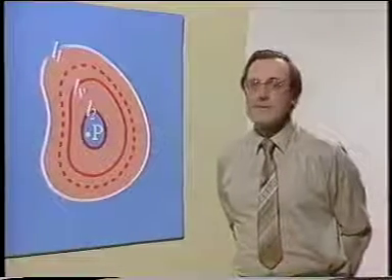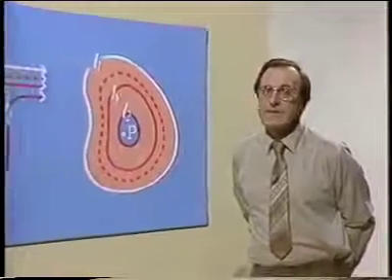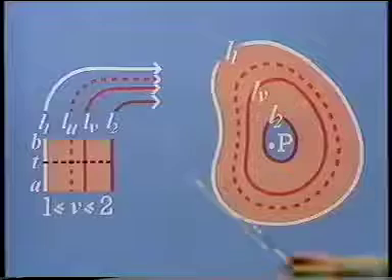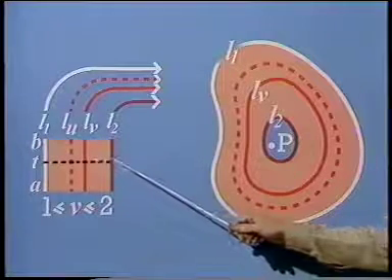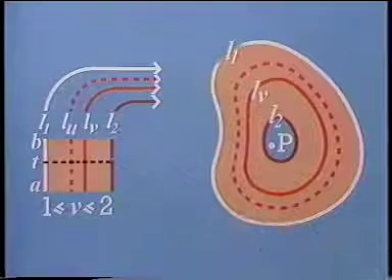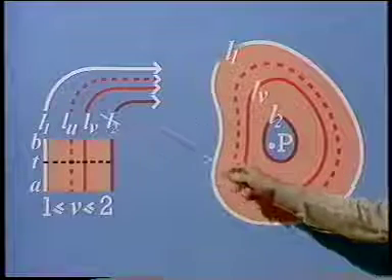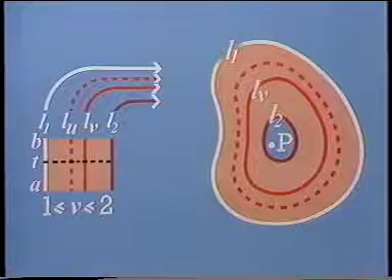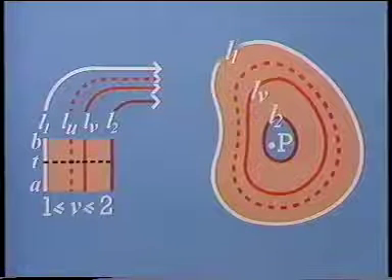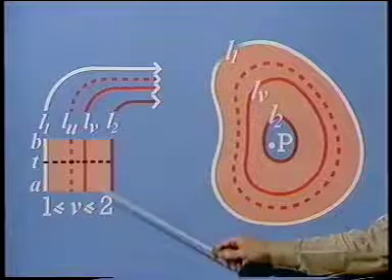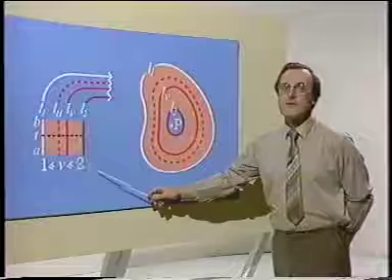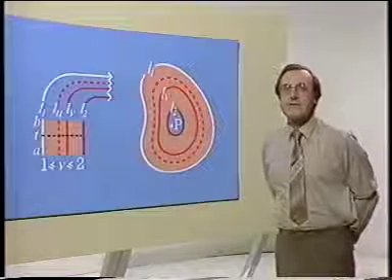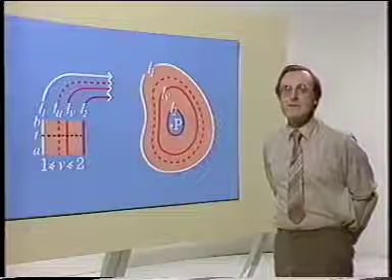Remember, a loop is not just a closed curve, but a continuous function from an interval to the plane. We've illustrated that here by drawing several copies of the interval AB, and we're thinking of each copy being mapped by a continuous function to give one of these image curves. So we have a whole family of continuous functions, one function for each value of v between 1 and 2. Then, when we say the loop L1 varies continuously into the loop L2, what we mean is this.